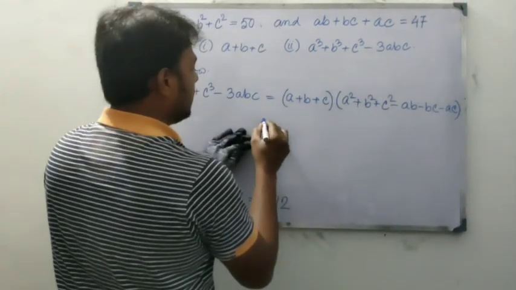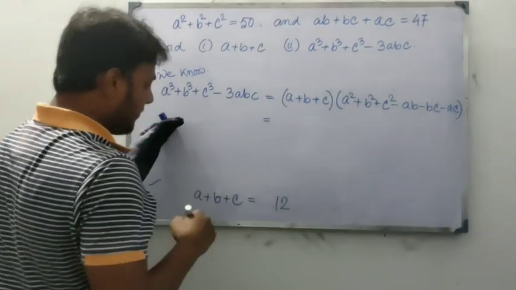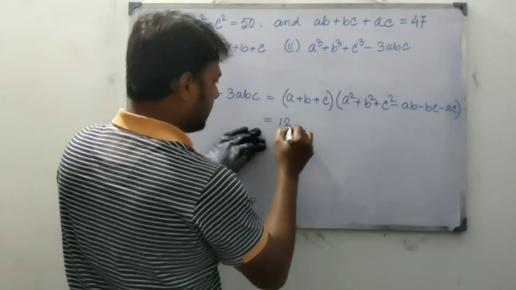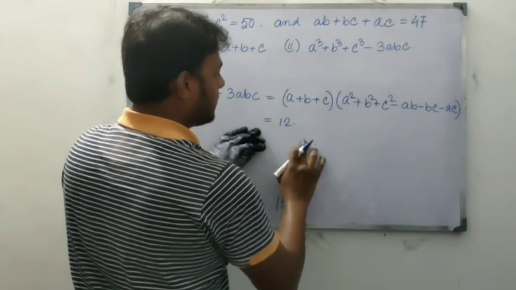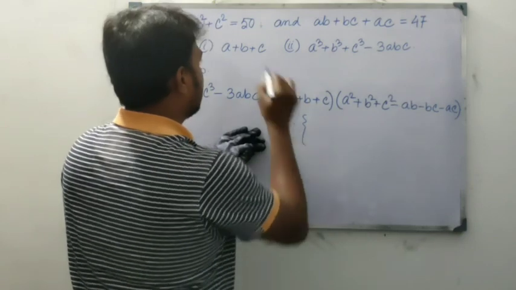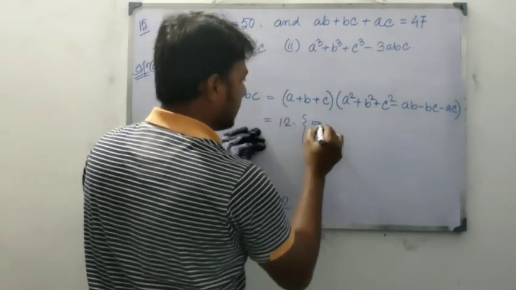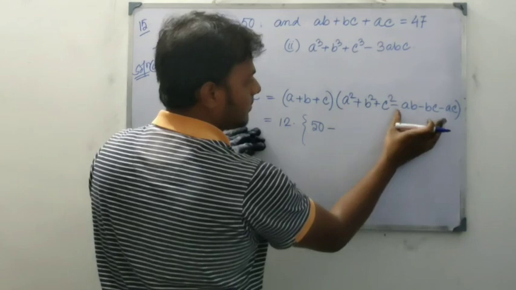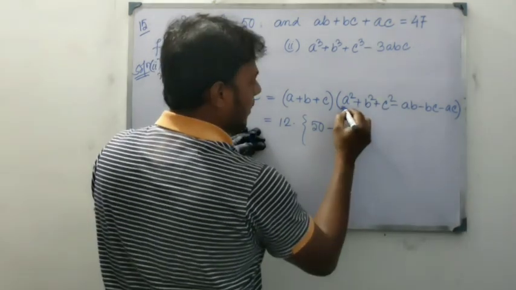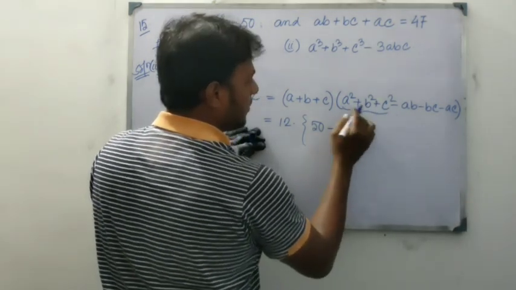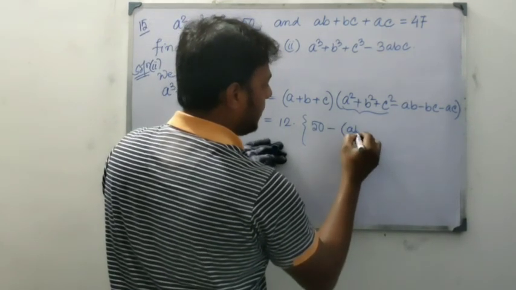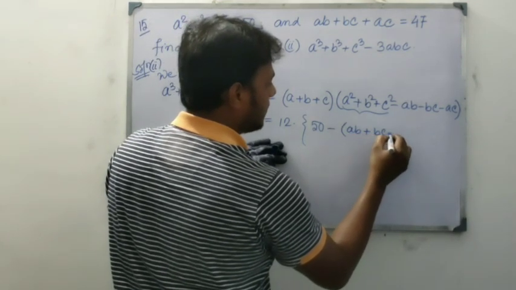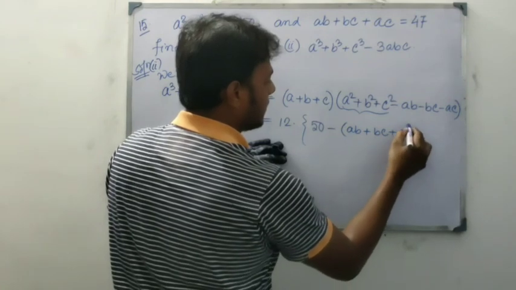So put the values you have. a plus b plus c equals 12, into a square plus b square plus c square, which is given as 50, and now take minus common from the last terms, so it will be ab plus bc plus ac.